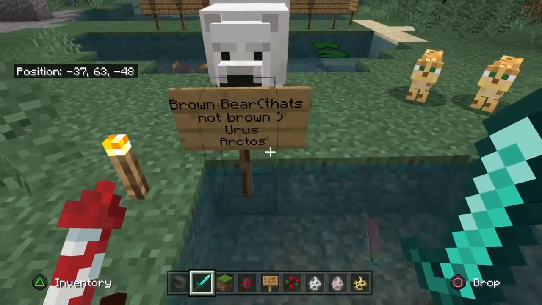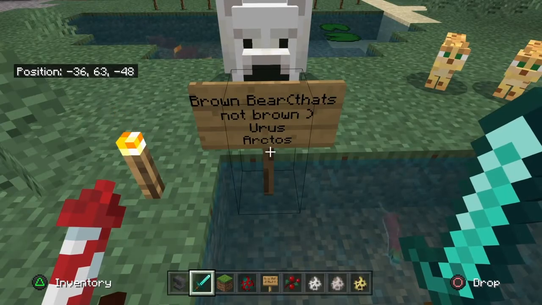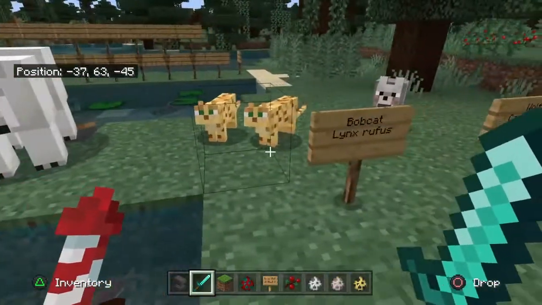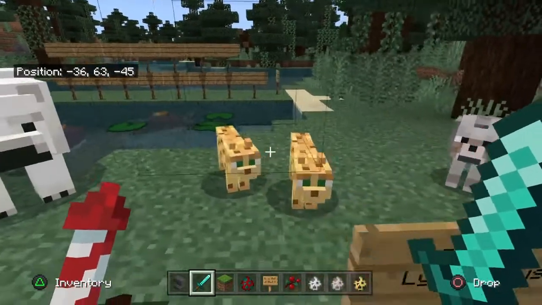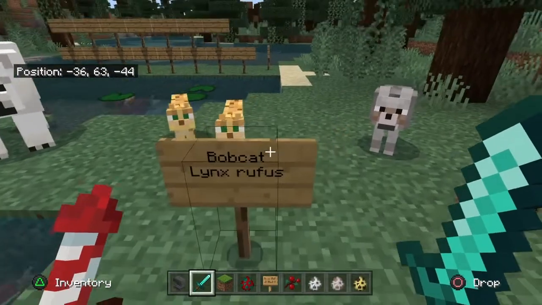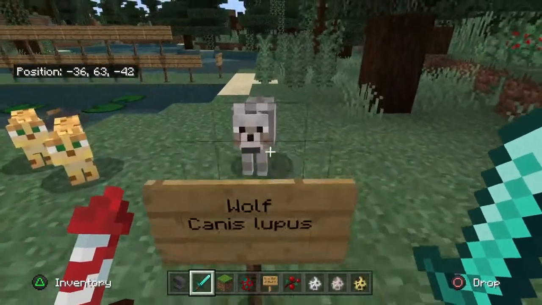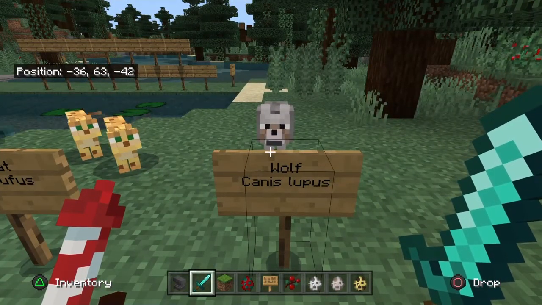And then its scientific name is Ursus arctos. I can't pronounce that, but yeah, that's a brown bear. So this is our bobcats. They're ocelots, and they're called Lynx rufus. That's the scientific name. And then for our wolf, we have the Canis lupus.